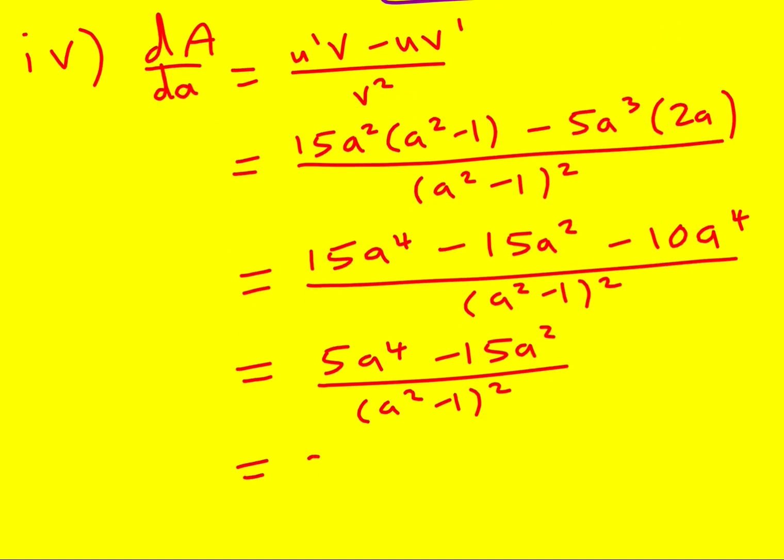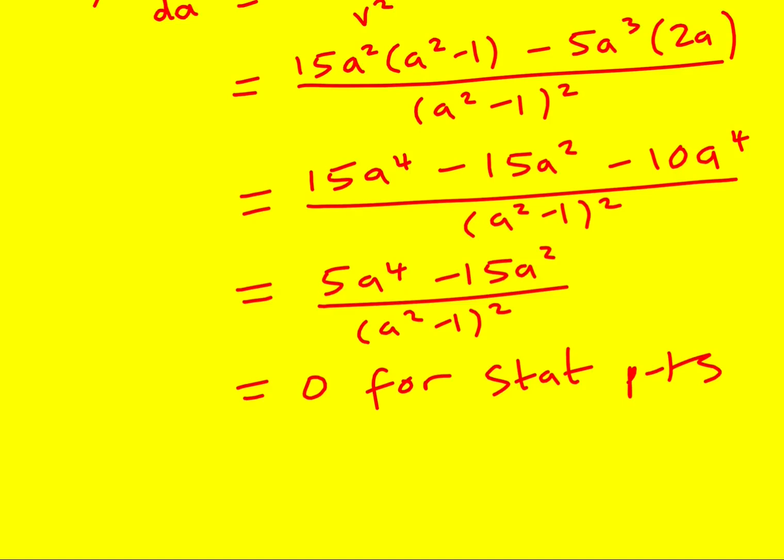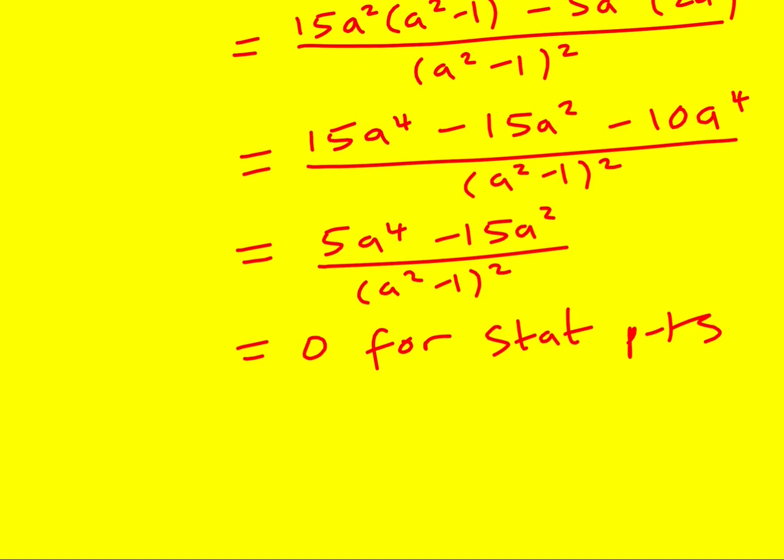And this is equal to 0 for stationary points. Now, because it's equal to 0, it must be that this top part is equal to 0.